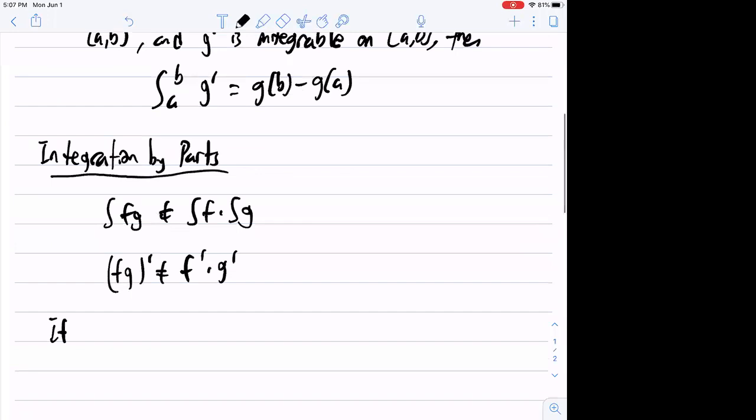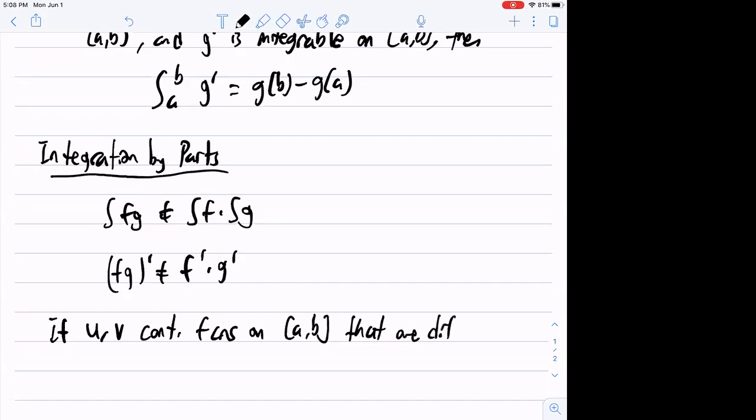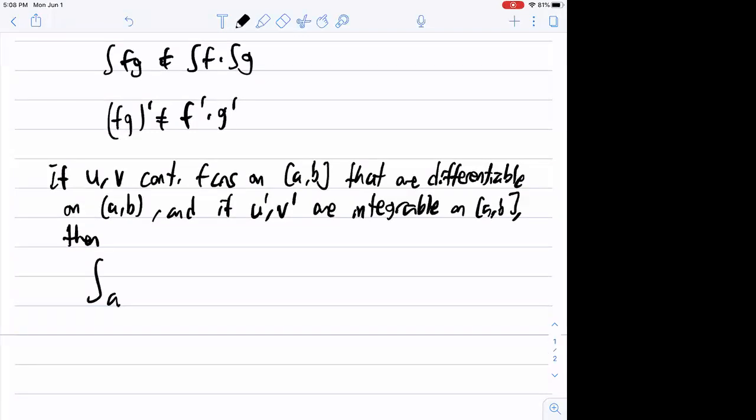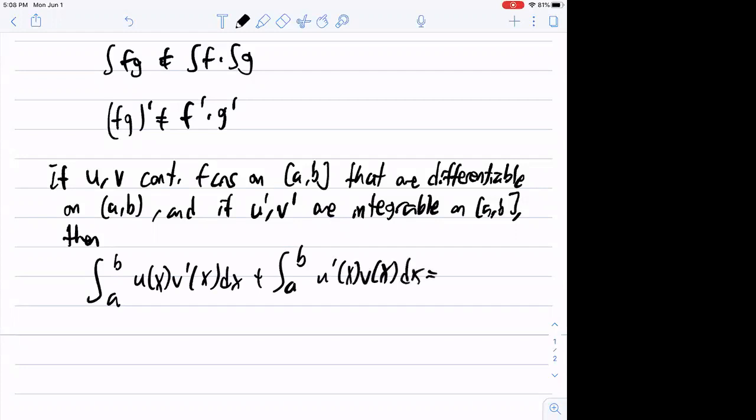So if u and v are continuous functions on [a,b] that are differentiable on the open interval (a,b), and if u prime and v prime are integrable on [a,b], then, this is just the product rule, the integral from a to b of u(x)v'(x) dx plus the integral from a to b of u'(x)v(x) dx is u(b)v(b) minus u(a)v(a).